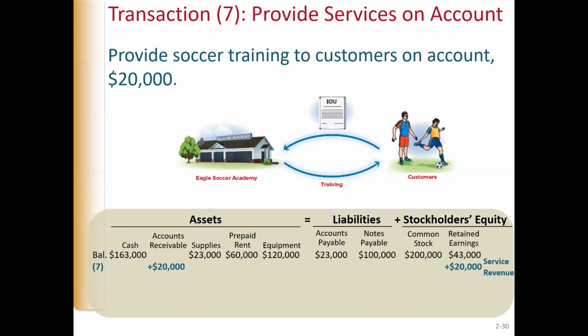Then when we provide soccer training to customers on account, okay, guys, this is new. Soccer training to customers on account means that they didn't pay us cash right away. They owe us the money. Now, when we owe someone money, it's a liability.